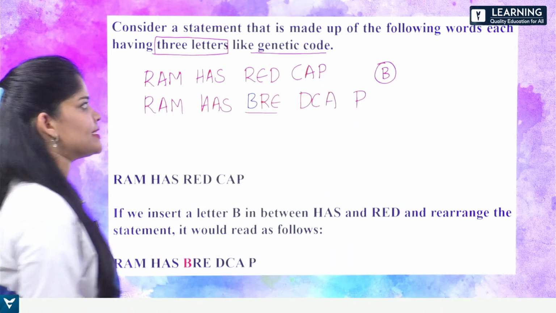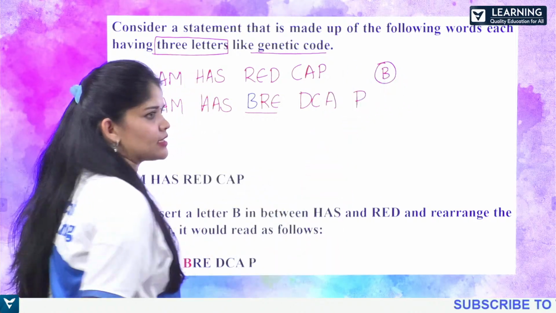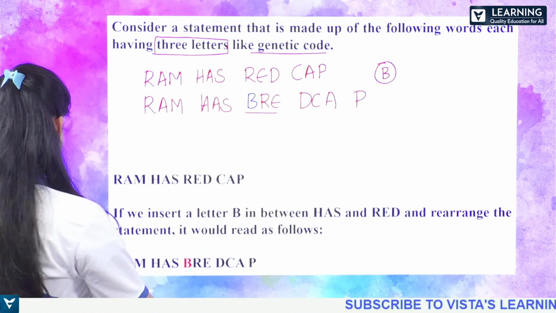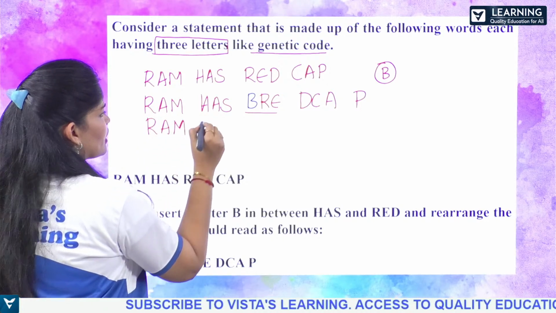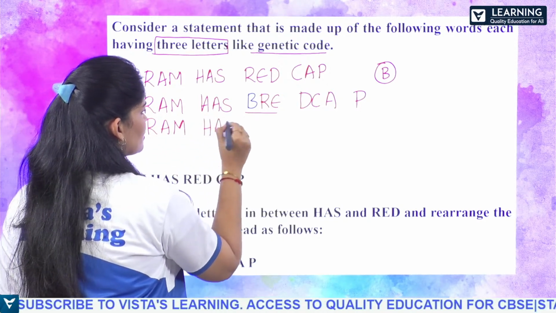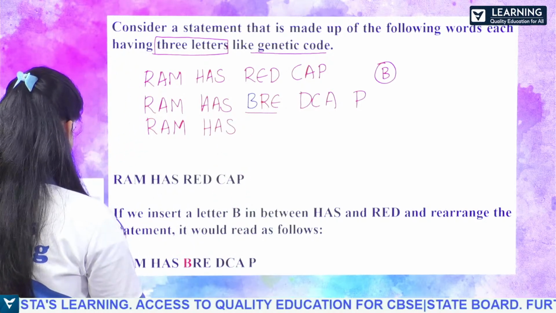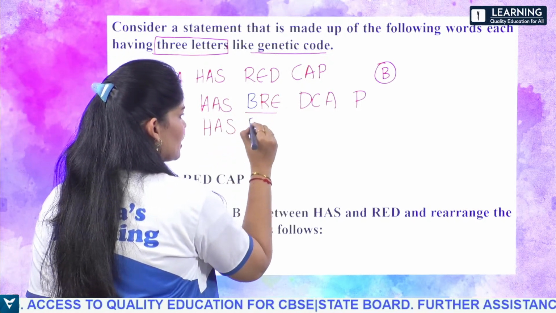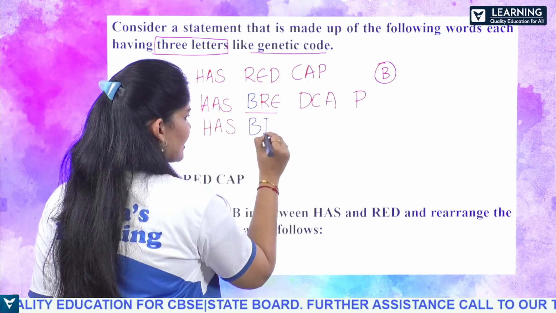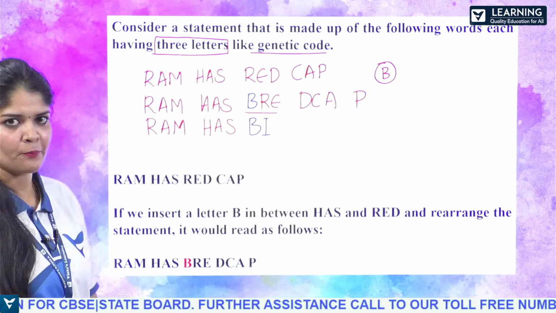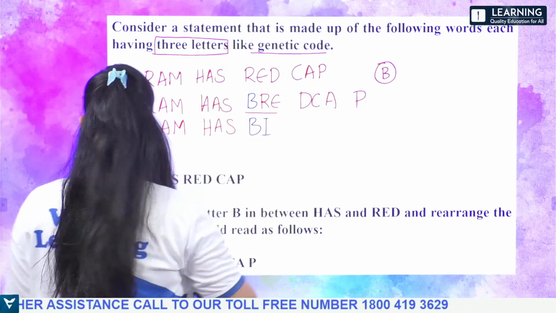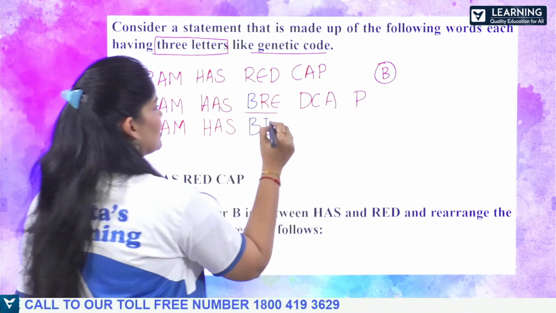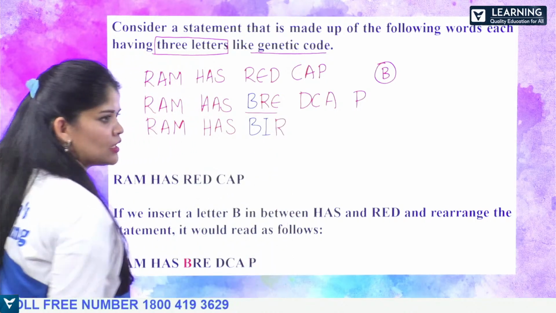Now, insert another letter, I. Same, Ram has, along with B, now we are inserting another letter, that is I. Now we'll have only R, a continuation of R in this present codon.